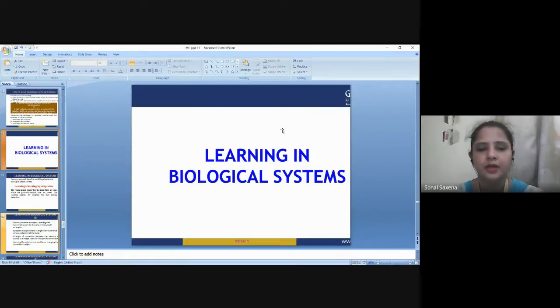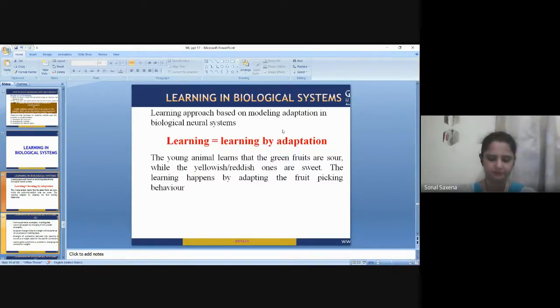So how do we do learning in biological systems? The learning approach is based on modeling adaptation in biological neural systems.